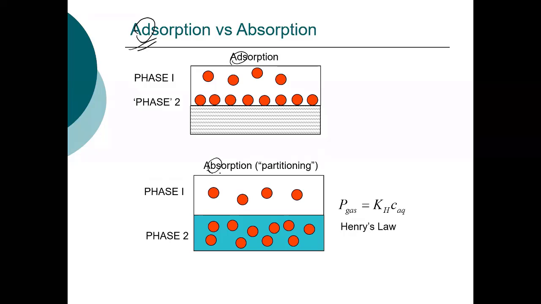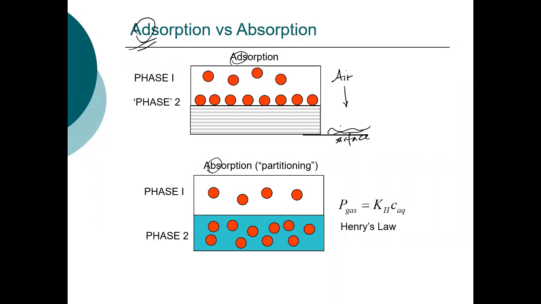And we need to be able to distinguish between these two. Right now, we are talking about adsorption, and think of this as a surface process. So for instance, if you have air and you have contaminants in that air, those contaminants can adsorb onto a surface. You can think of that as a situation where if you happen to have someone over the house, there's smoking, and you smell the cigarette smoke long after they leave.